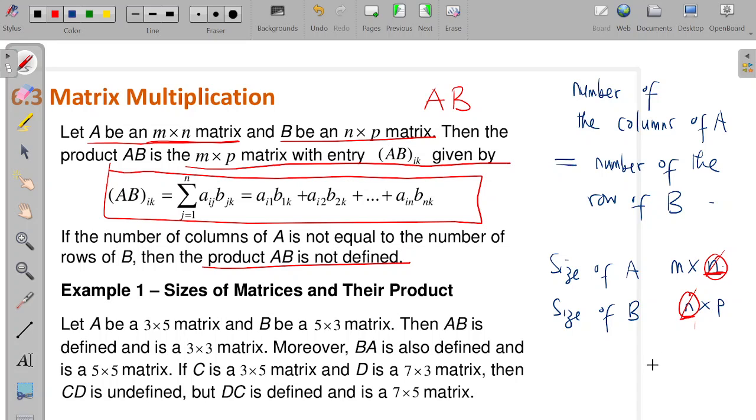So the answer you'll be getting will be m by p. That means the rows of A with the columns of B. That's why we need the columns of A to be the same as the rows of B, so that the size of our product will now be m by p. That will be the size.